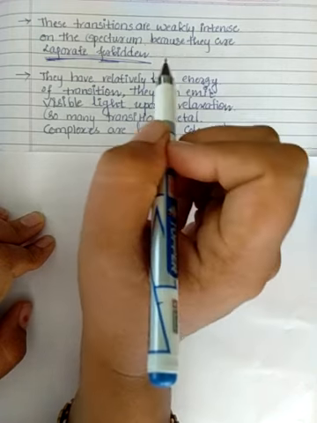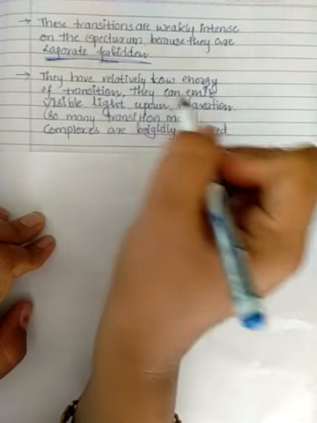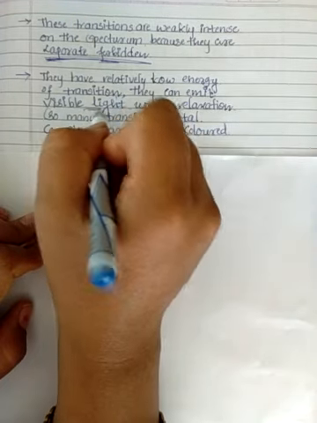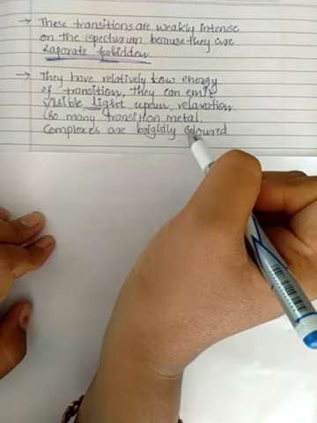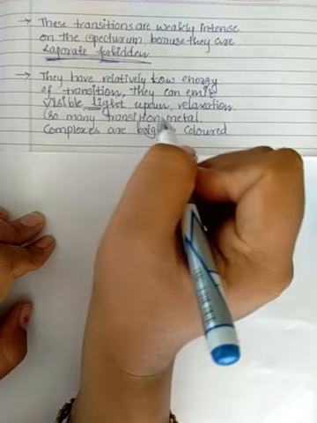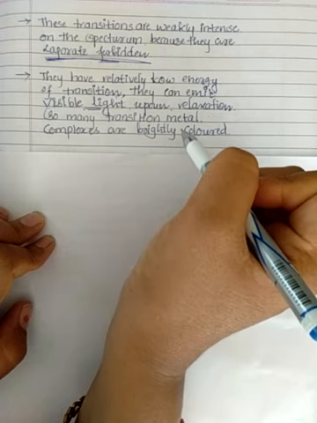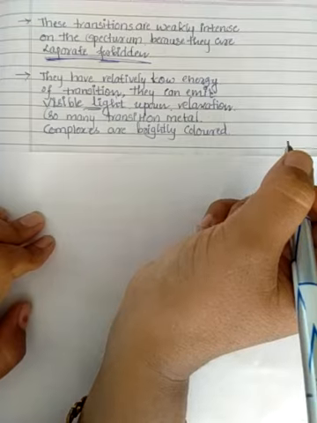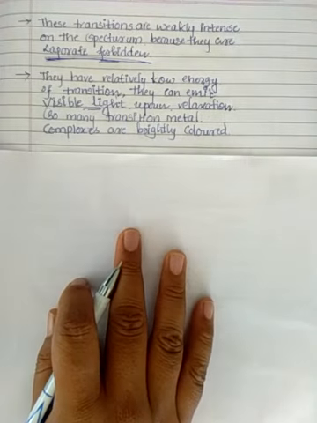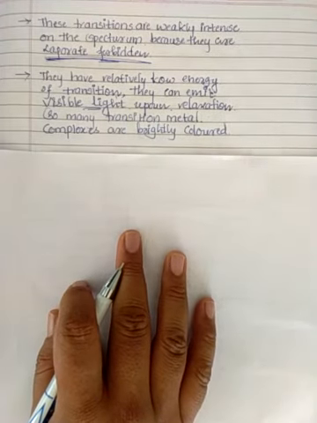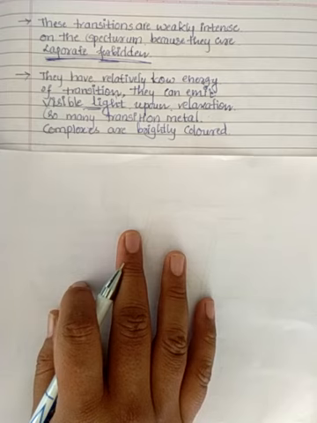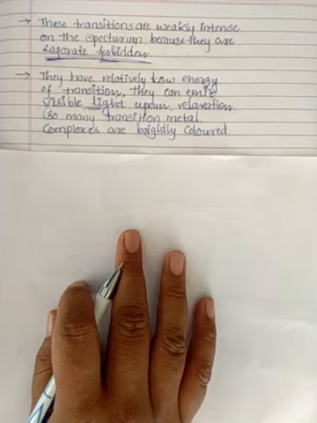They are lower energy transitions, and they can emit visible light upon relaxation, so because of that transition metal complexes are brightly colored. So this is our first part, the d-d transition. I hope you have understood this part.